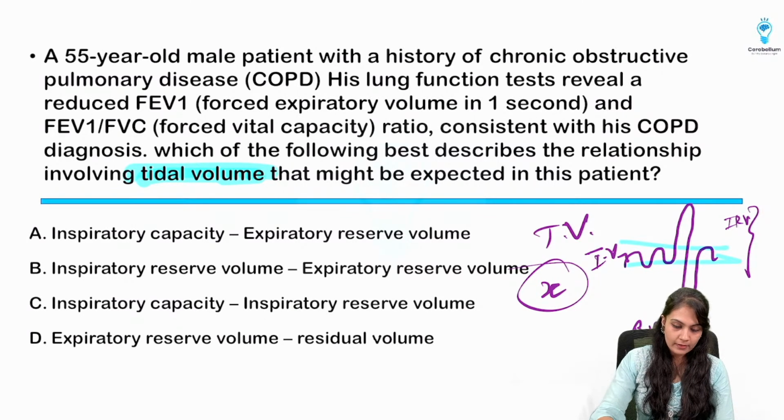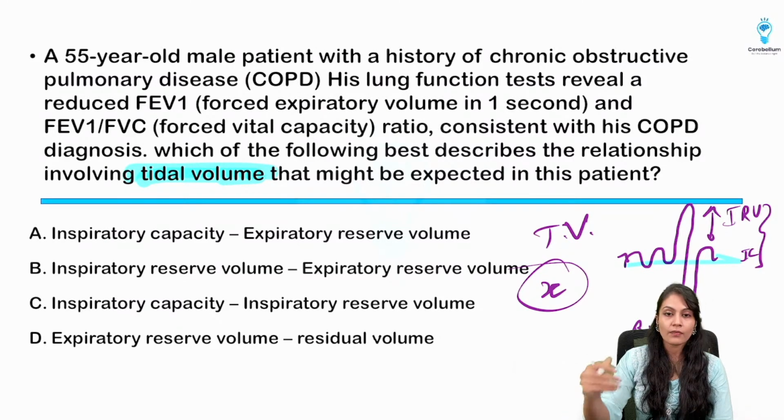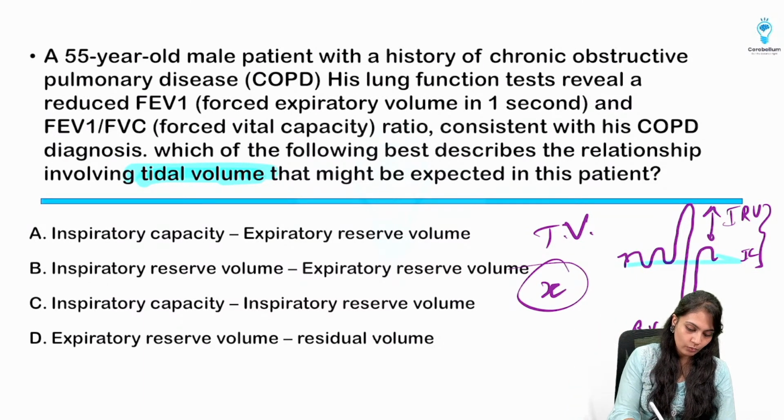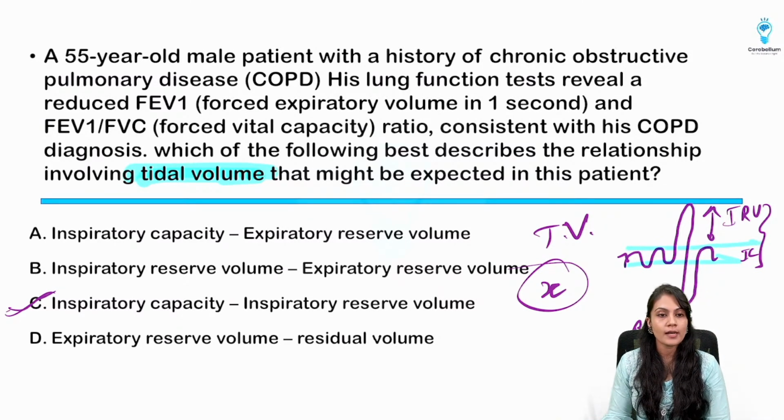So if I minus the IC, okay, sorry, this is not IRV, IRV is this one, and this whole is IC. If I subtract the IRV from the IC, I'm going to get the tidal volume. So option C is going to be the answer over here.